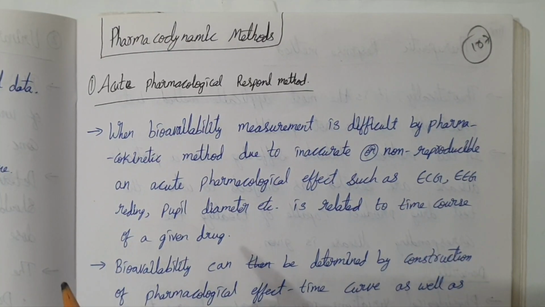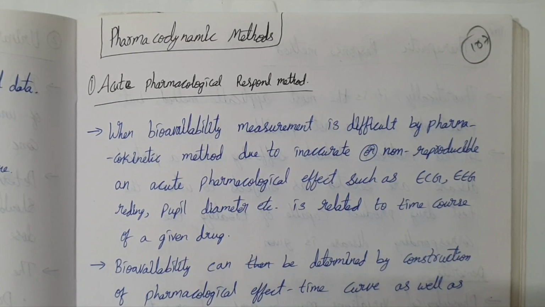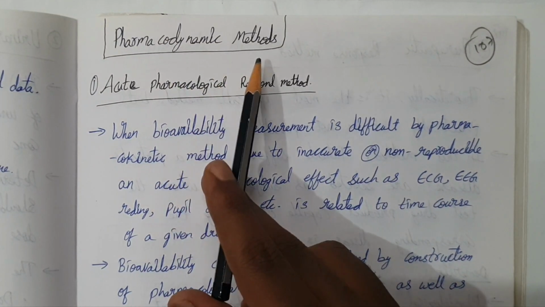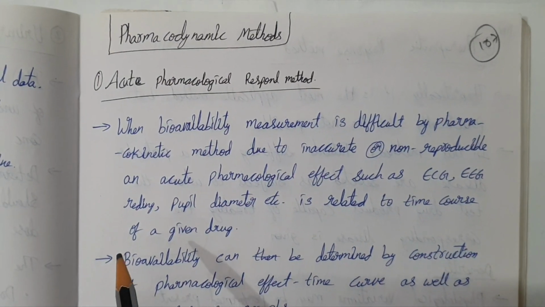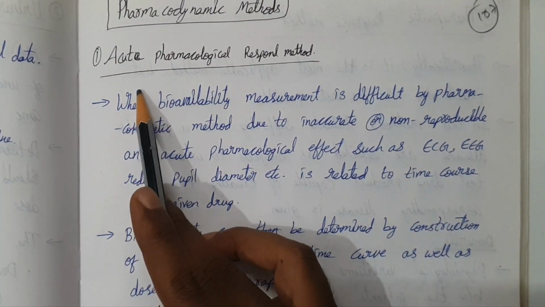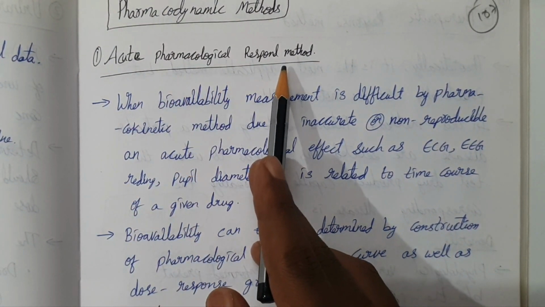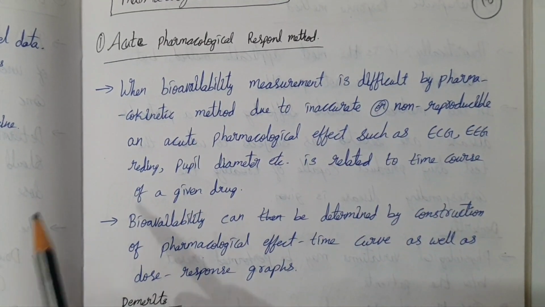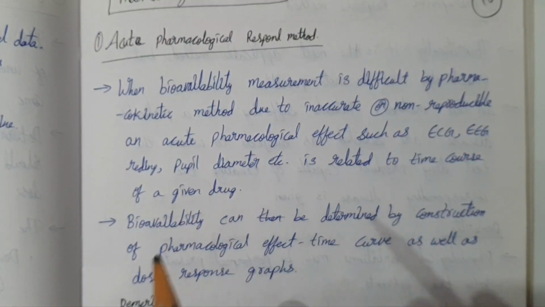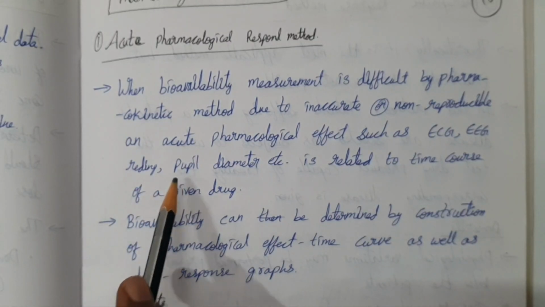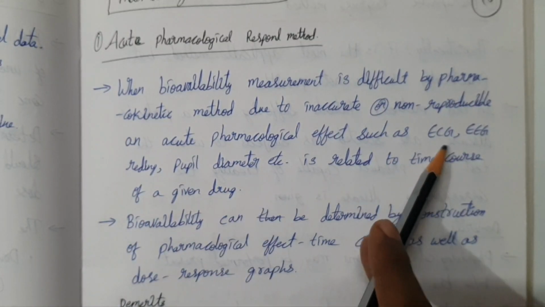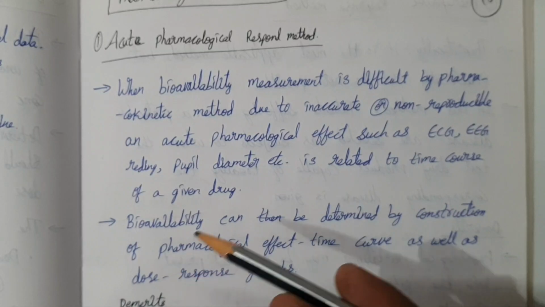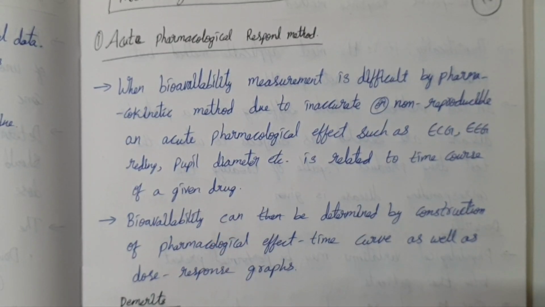Now, if blood and urine methods don't work, we go for pharmacodynamic methods. In this, we have the acute pharmacological response method. This is where we observe the drug effects like pupil size, ECG changes, and BP, and relate them to time.